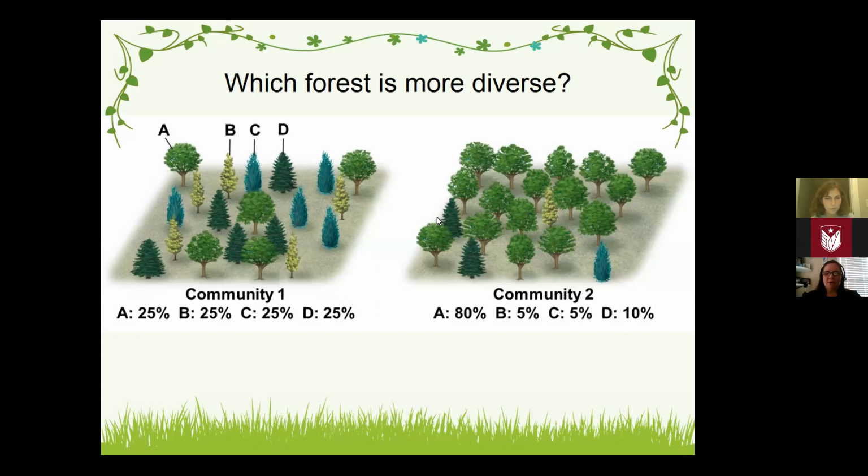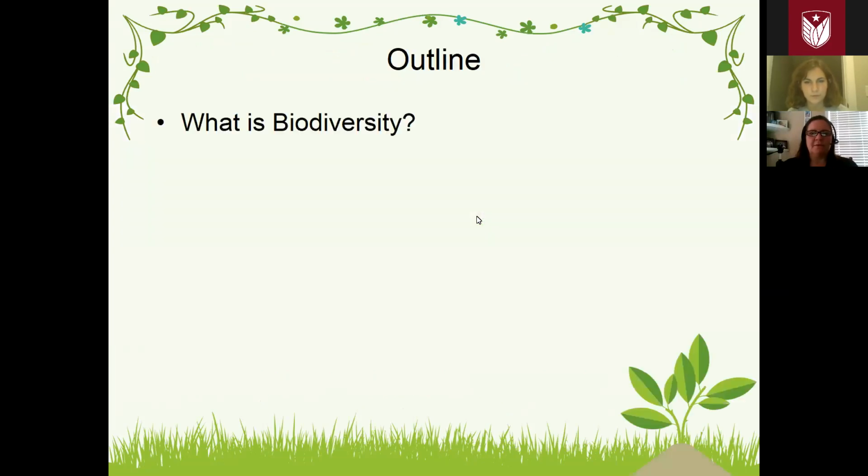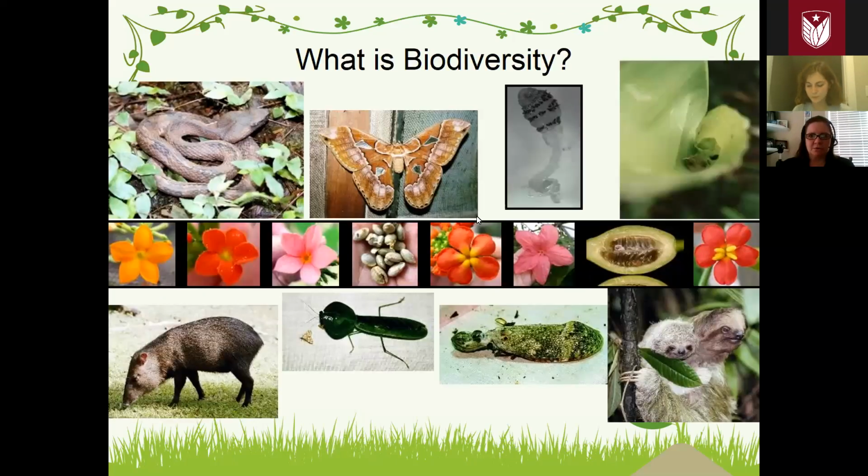And so we're talking about why diversity is important. I will first start with what biodiversity is, then some facts about the importance, some threats, and, as I mentioned, how biodiversity can be preserved.